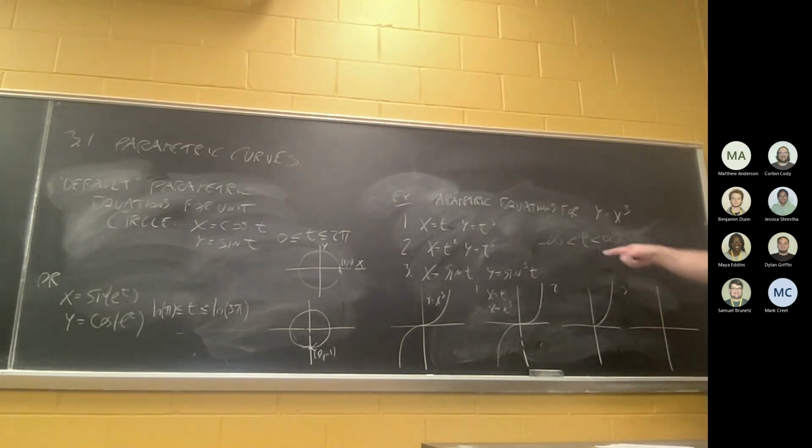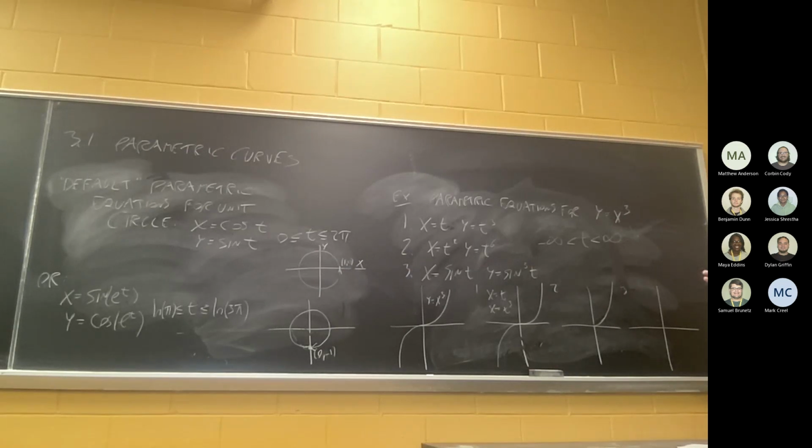What about the last one? Since x is sine t, x is going to be between -1 and 1.